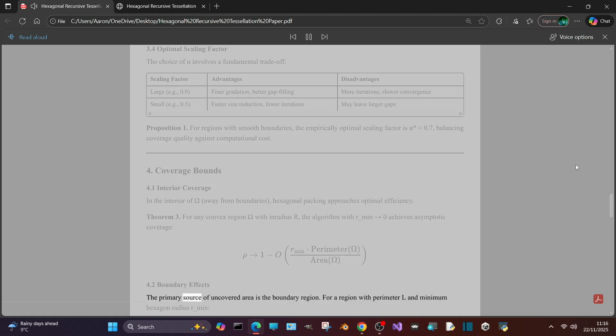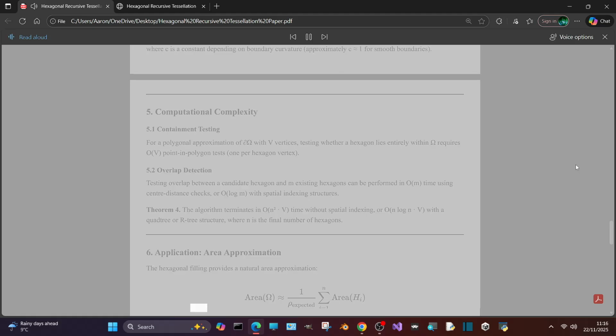The primary source of uncovered area is the boundary region. For a region with perimeter L and minimum hexagon radius r_min, where C is a constant depending on boundary curvature, approximately C ≈ 1 for smooth boundaries.